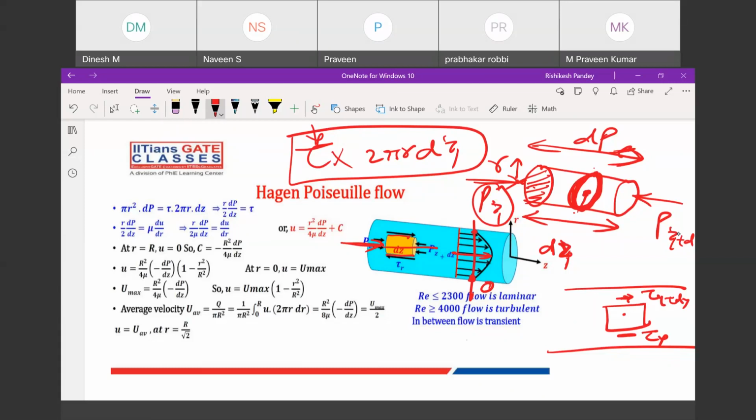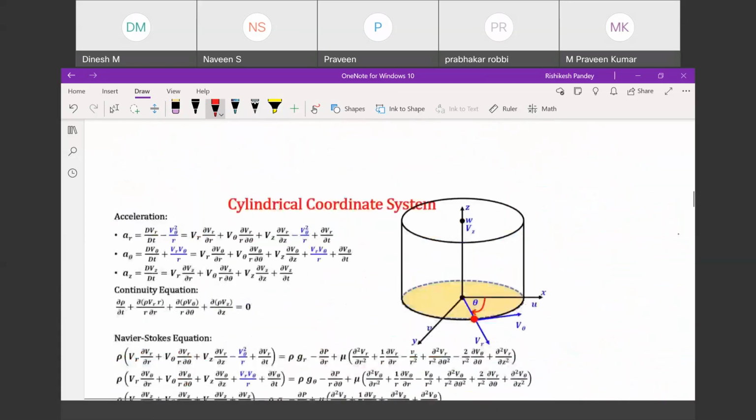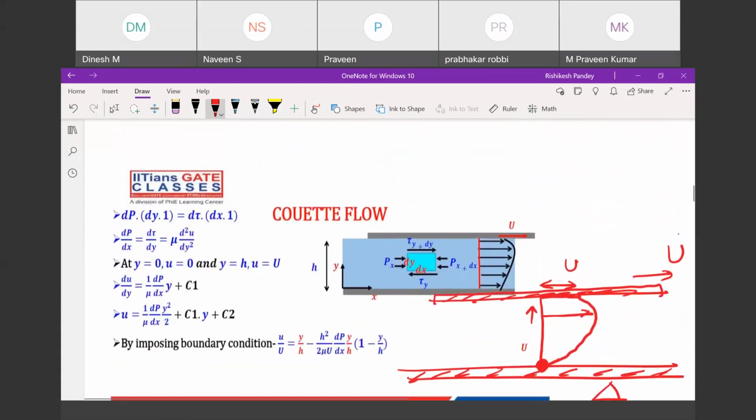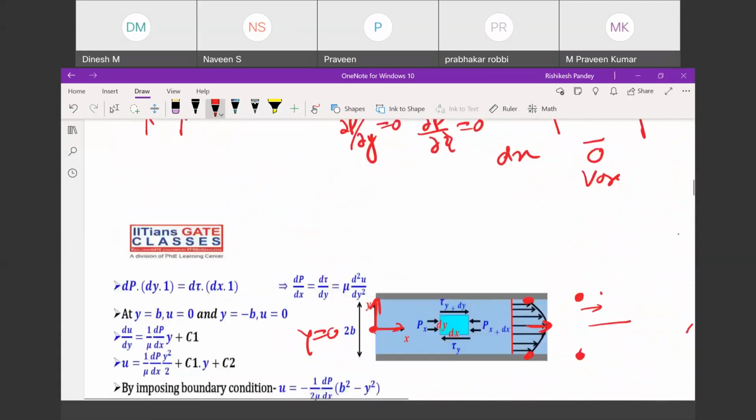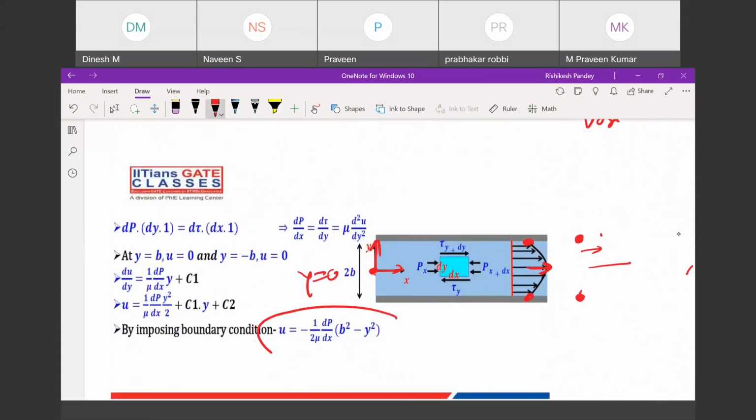So the final equation only you'll have to remember, which is the same as this case. Only difference is here it is 2, there it is 4.